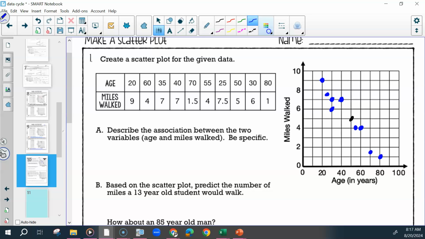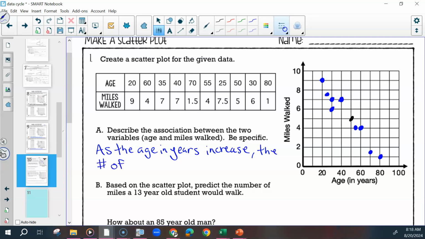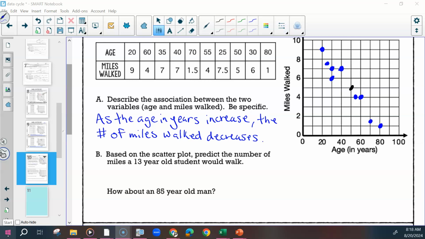So as the age and years increase, if we're using the words from the previous one, the number of miles walked decreases. So I can say that this is a negative association.